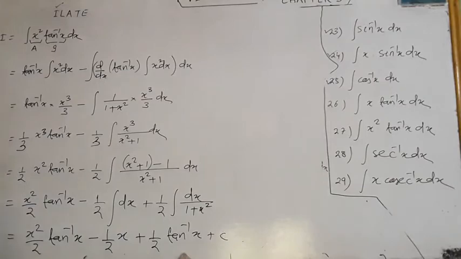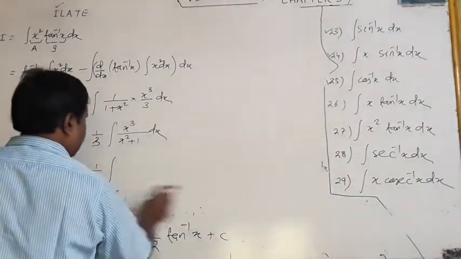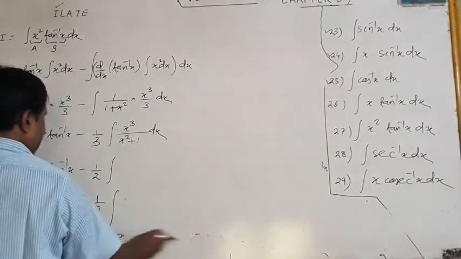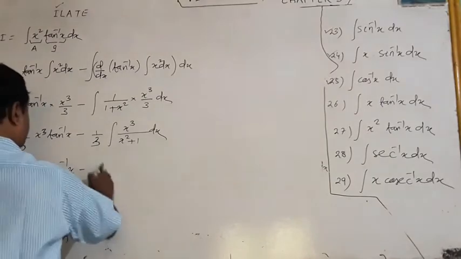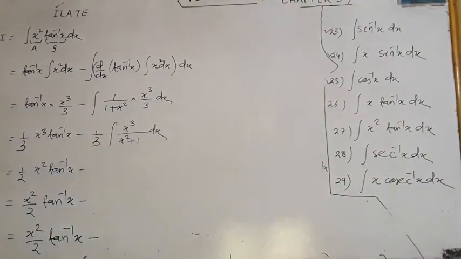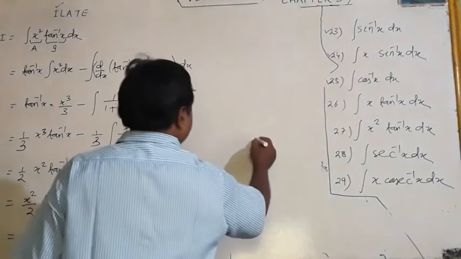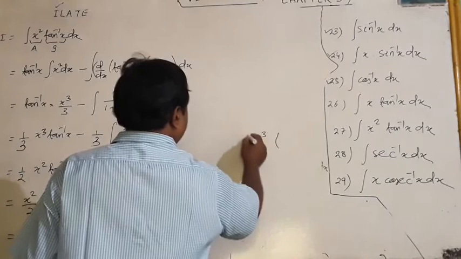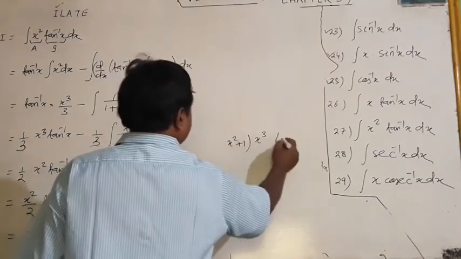Then what you have to do here is very important. This step is important, I am doing it for you. Look at here. Now the power of numerator is x cube and the power of denominator is x square. First you have to divide by x square plus 1. X cube by x square is x.